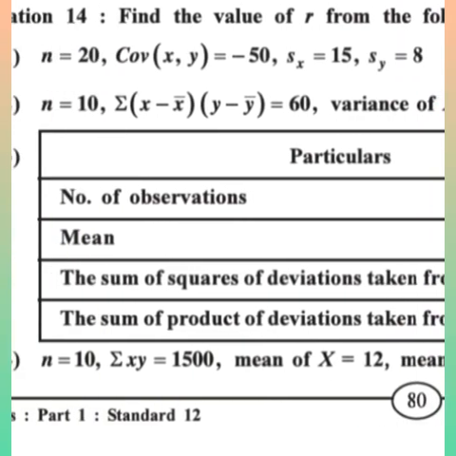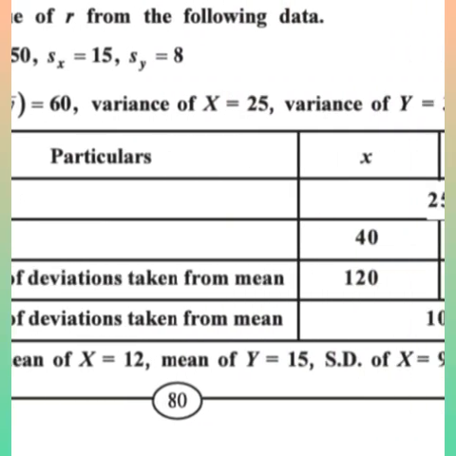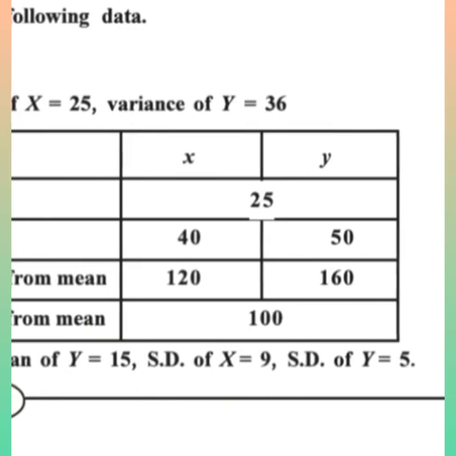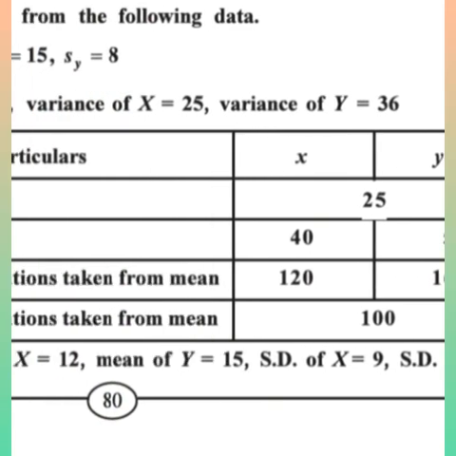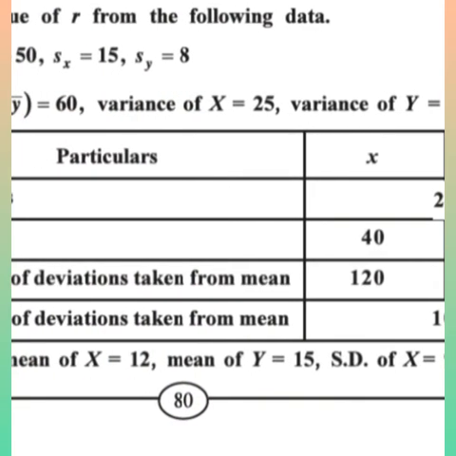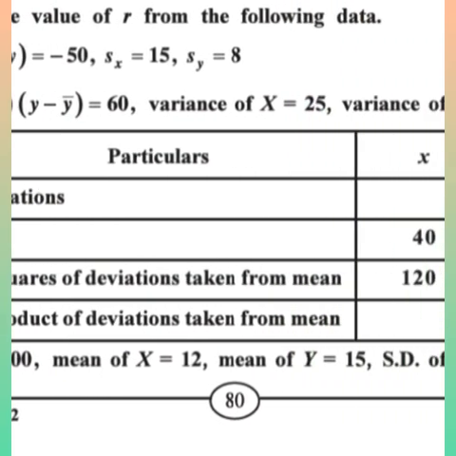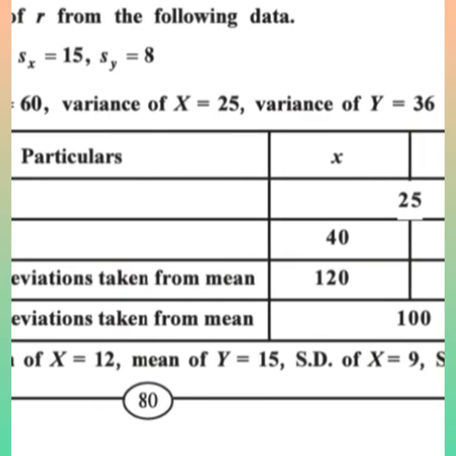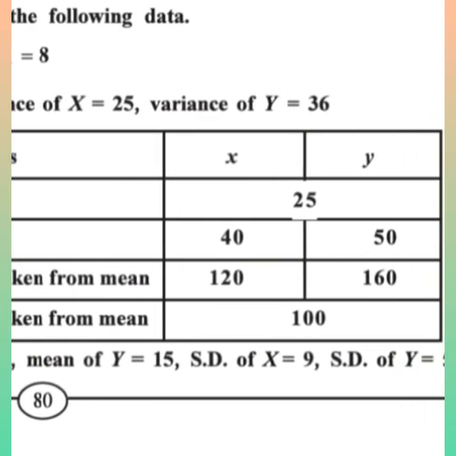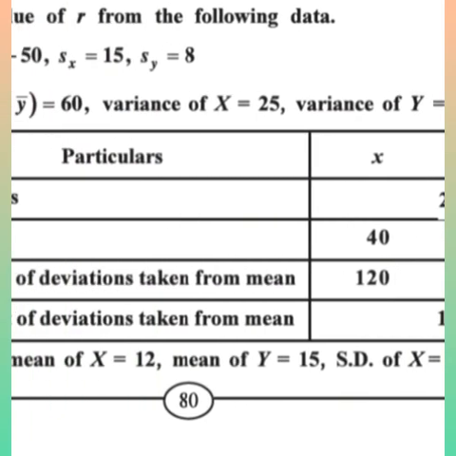See the third one. Over here they have given us the number of observations, 25, that is n, right? Then they have given us the means, x bar and y bar. Your x bar is 40 and your y bar is 50.